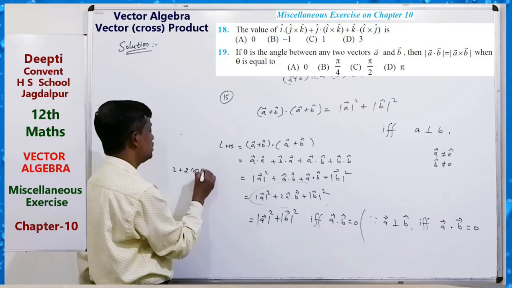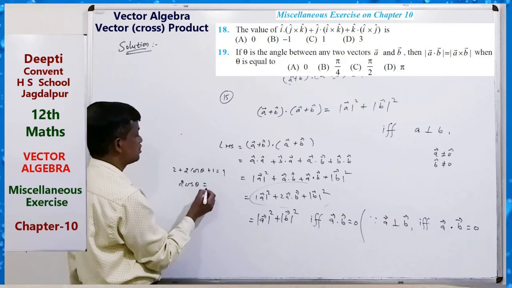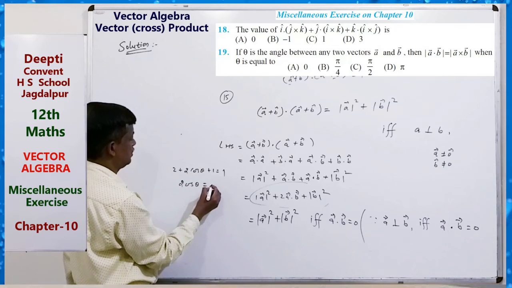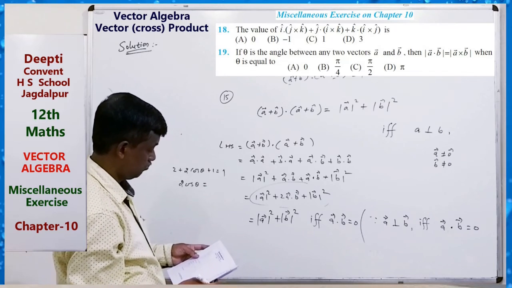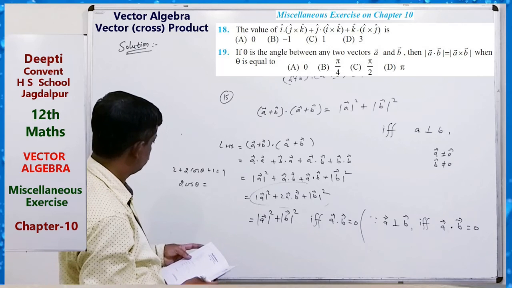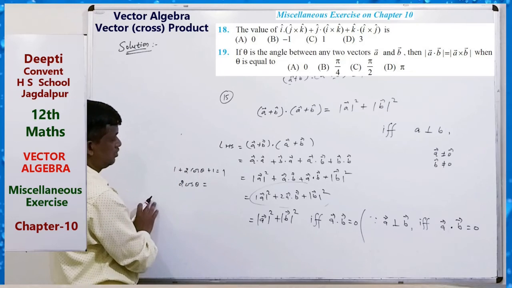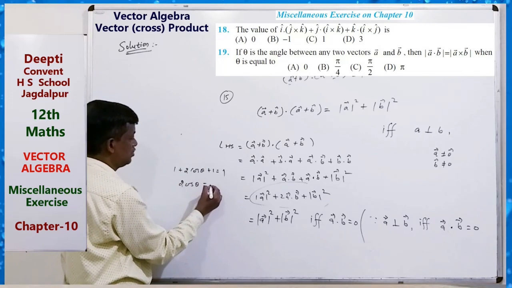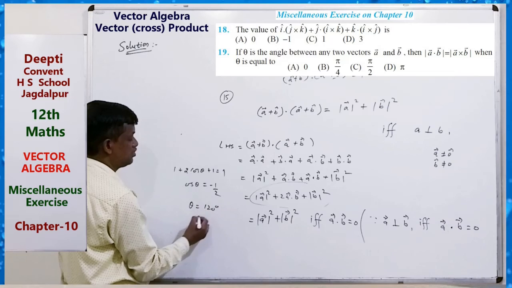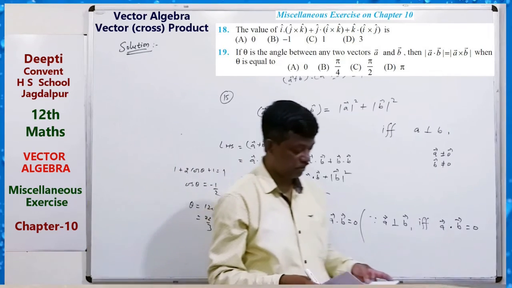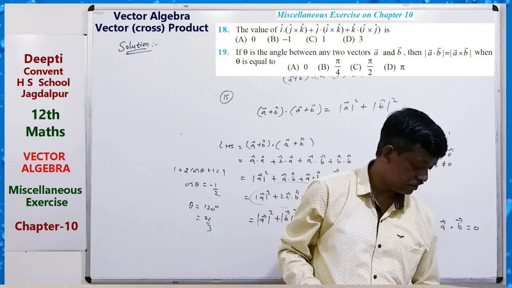So 2 cos theta plus 2 equals 1, so 2 cos theta equals minus 1, so cos theta equals minus half. So theta equals 120 degrees, which means 2 pi by 3. So the answer is 2 pi by 3, option D.